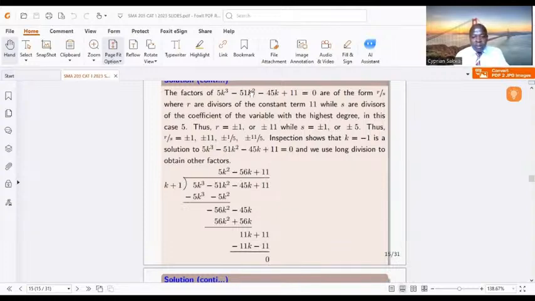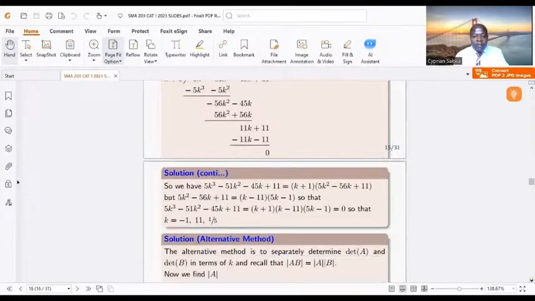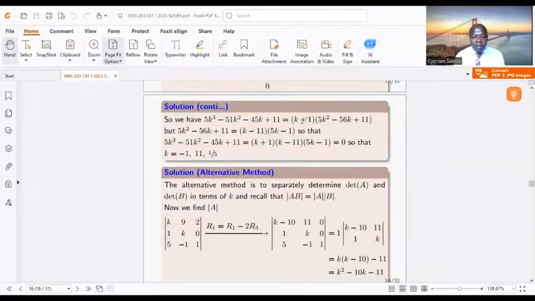So that means the cubic equation given to us can be factorized as this. We found this was the quotient. So we try again and see if this part can be factorized. If it can be factorized, this part is easy. This is a quadratic equation.